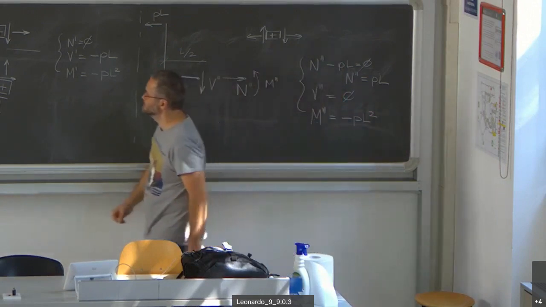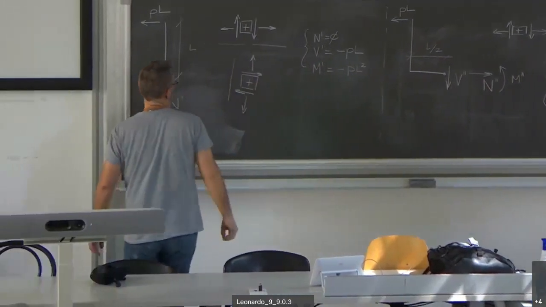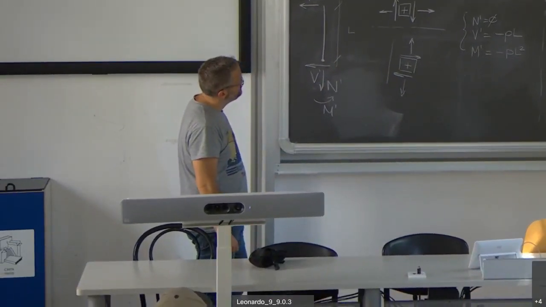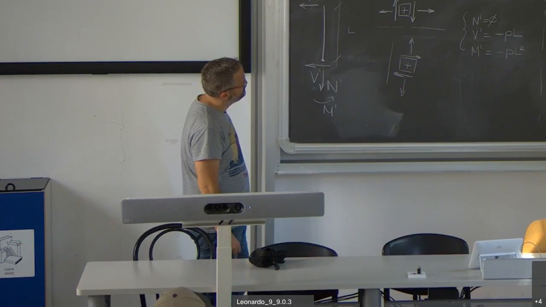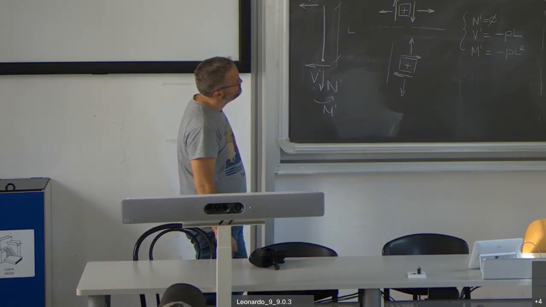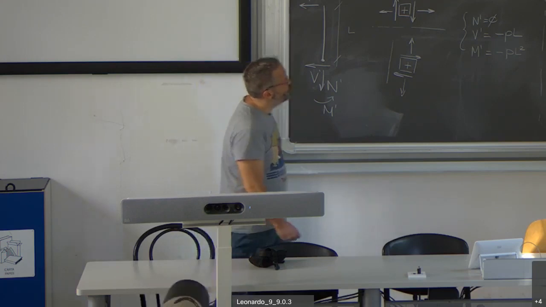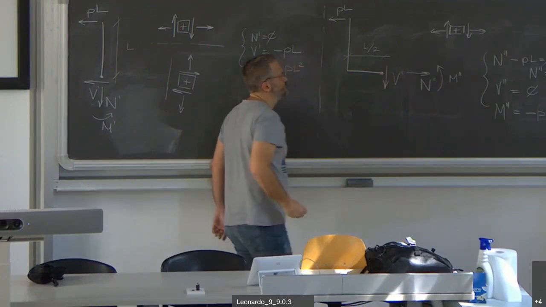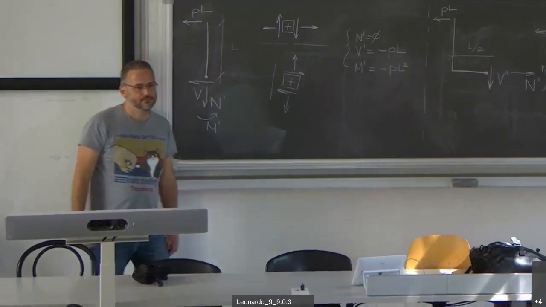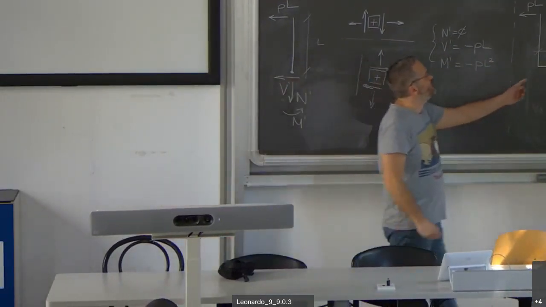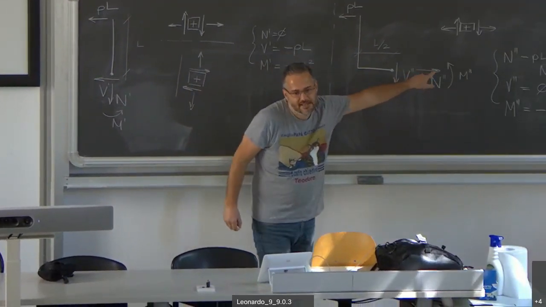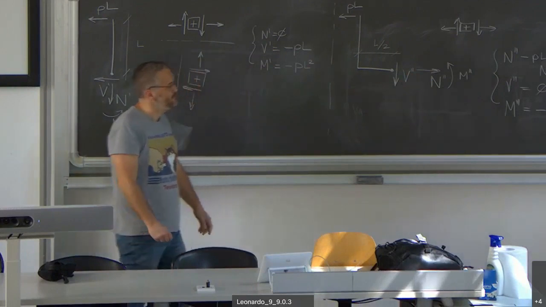Professor, when you're calculating this moment, it's not about any point, right? About what point are you calculating? Always about this point, the point where you got the answer. Because otherwise, if you write it with respect to another point, you would have the contribution of this second and then the second. Okay?